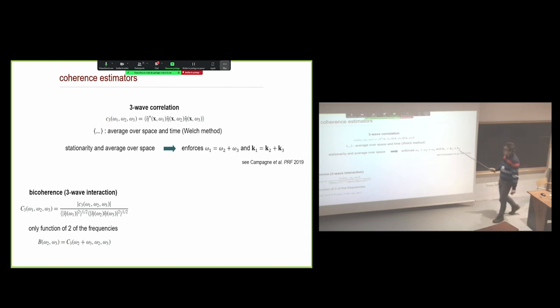And again, because of this delta function, this object is actually a function of only 2 of these frequencies, because you get the third one from the resonance condition. So for instance, I can pick omega 2 and omega 3, and I get omega 1 as the sum of the 2.